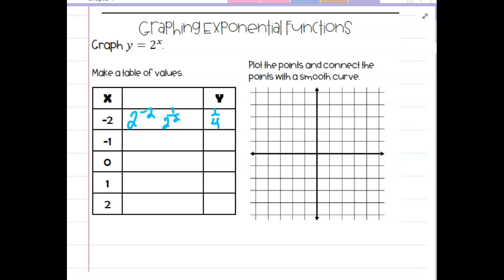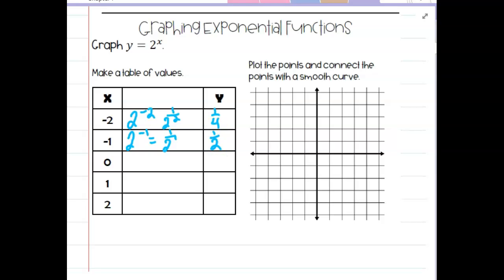Then we're going to plug in -1 for the x, which means I'm going to take 2 to the -1st power. Remember, I can't leave 2 to the -1st power because it's a negative exponent. So we're going to flip that 2 to the denominator. The -1 becomes a +1, so it's just going to be 1/2.